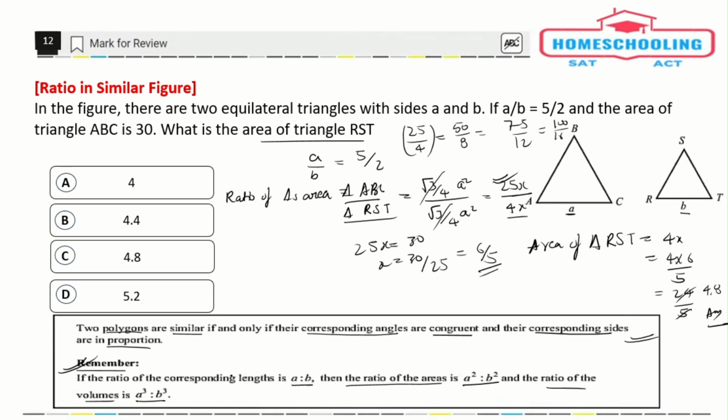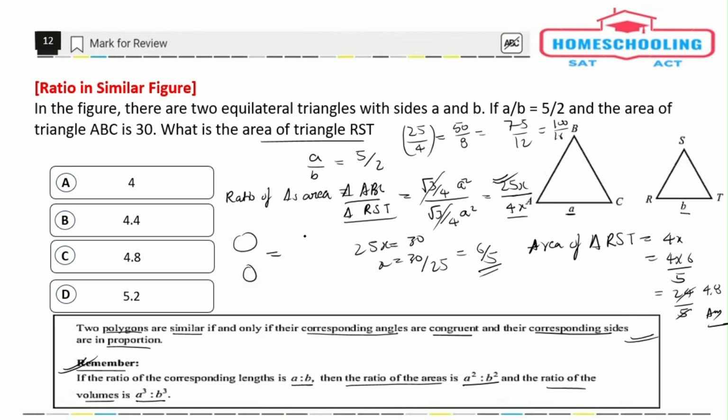So always remember, when sides are given, the ratios would be squared. So the ratio of their areas would be the square of their sides and the volume would be the cube of it. Let's take another example, let's say we take two circles.